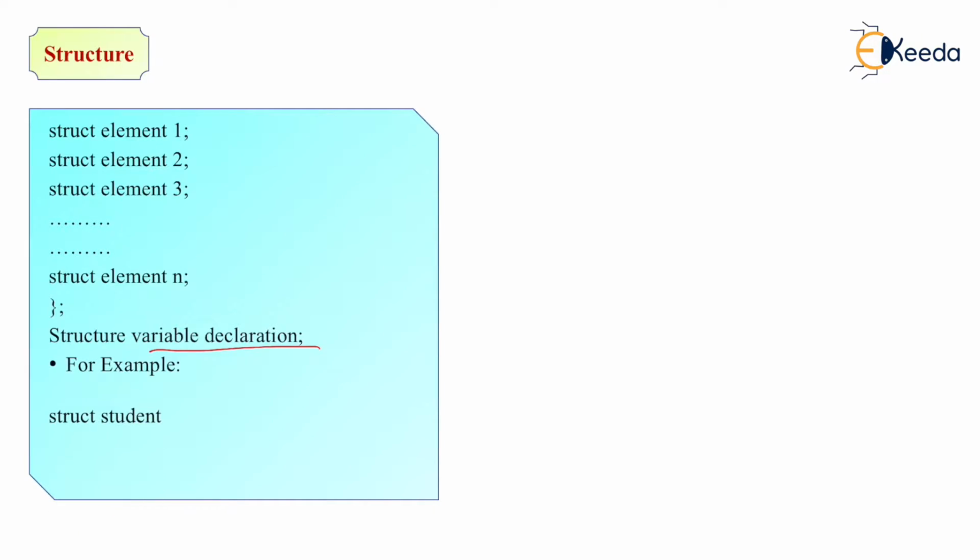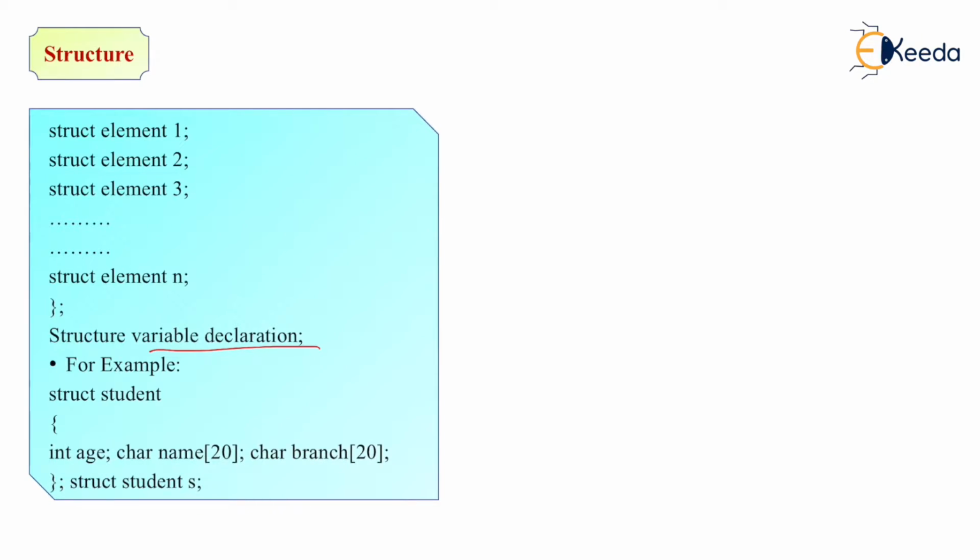For example, struct student. Inside the student structure we are defining int age, char name[20], char branch[20], and for the structure we are saying struct student s. So s is a variable, through which you can access all these elements like age, name and branch.